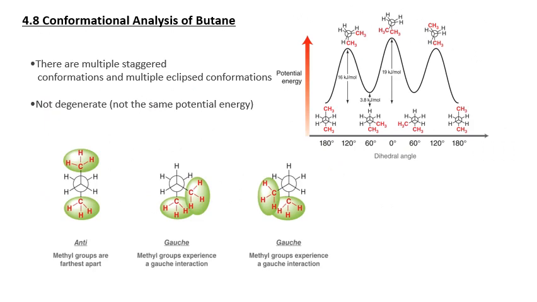Let's look at butane, a little bit more complicated. This is going to have some conformations that are not degenerate, or not equal. So if we look at, let me just draw butane for you.